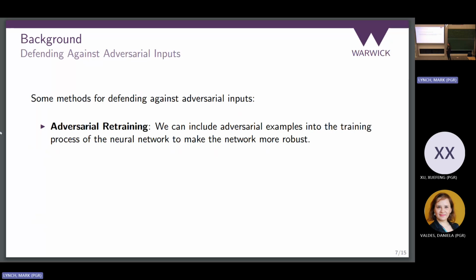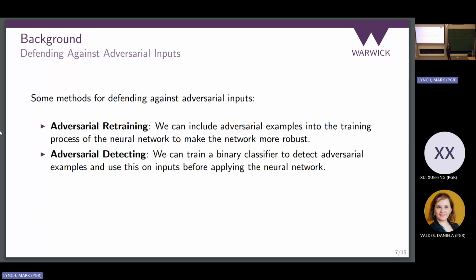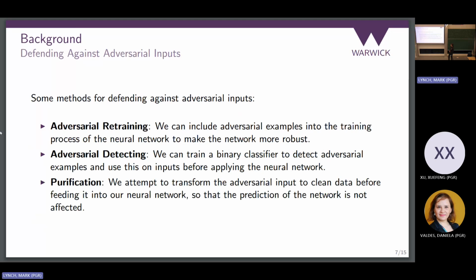The next one would be trying to detect the adversarial examples. We could train a separate binary classifier that, given some input, says adversarial or not adversarial. We can apply this before we try to classify the input, so we know if it's adversarial or not. And then the third one, which is the topic of this talk, is purification.